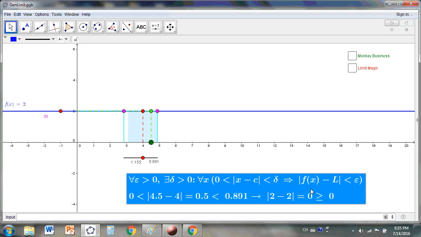What condition is that? Well, you cannot have an epsilon greater than 0 that lies on this curve. So for example, let's come over here.